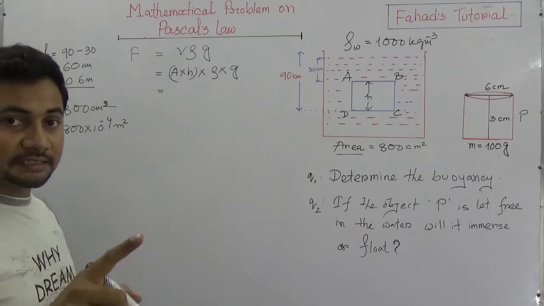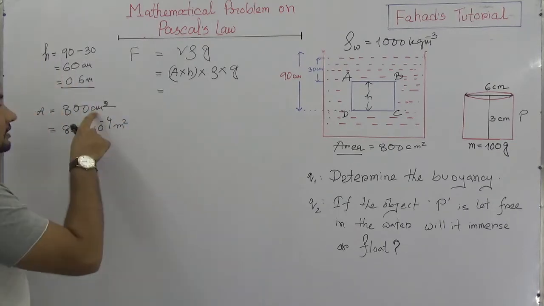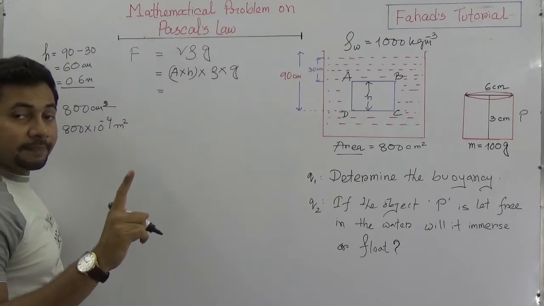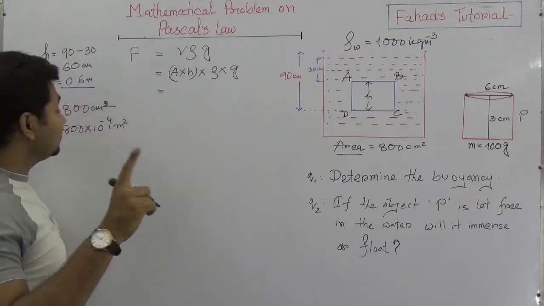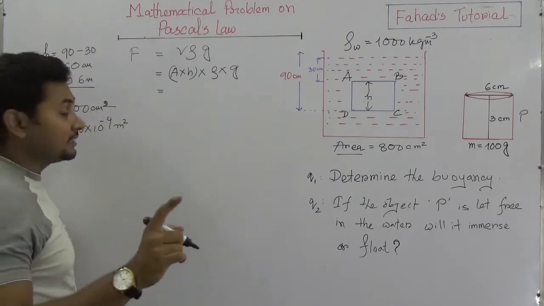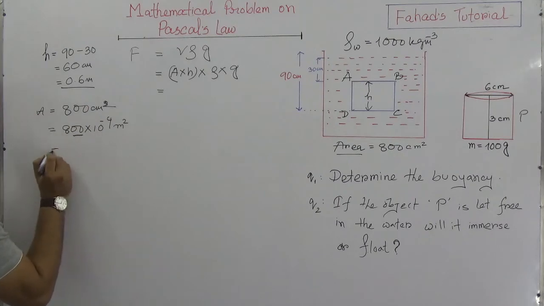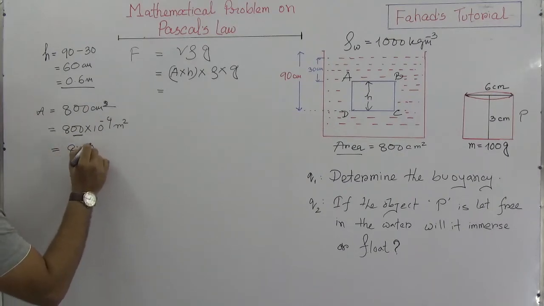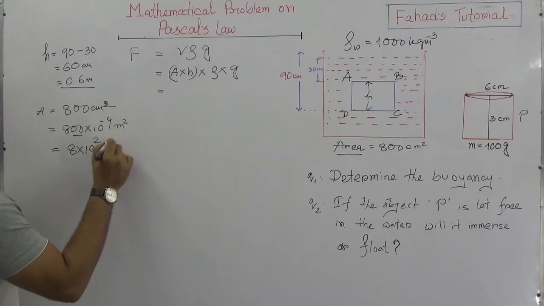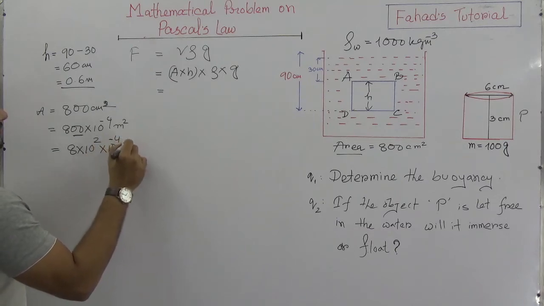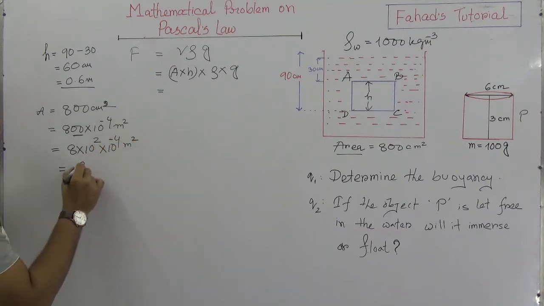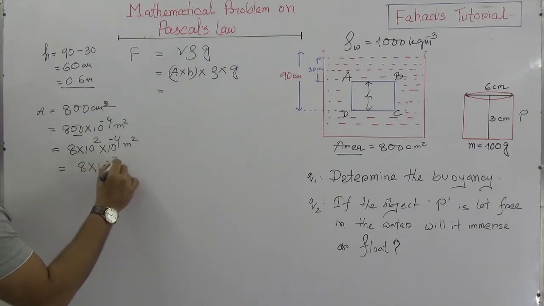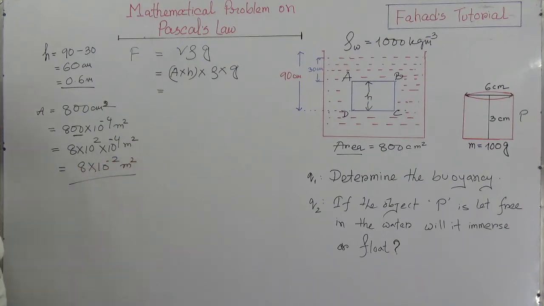As in my previous class, I showed how to convert centimeter square to meter square. This is very basic mathematical knowledge and should be done accurately. There are two zeros, that means 8 times 10 square times 10 to the power minus 4 meter square, which is actually 8 into 10 to the power minus 2 meter square.